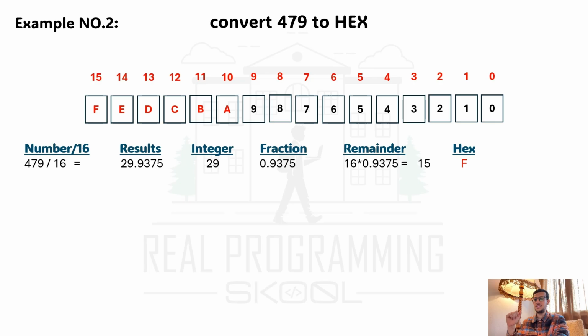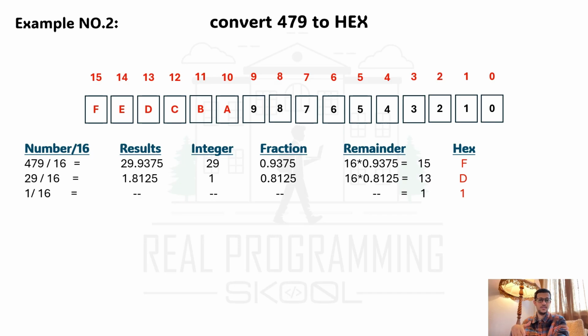So 29 divided by 16 gives me 1.8125, the integer number 1 and the fraction 0.8125. 16 multiplied by 0.8125 gives me 13, and the integer number is 1, so 1 divided by 16 gives me 1. Now we have 15, 13, 1.